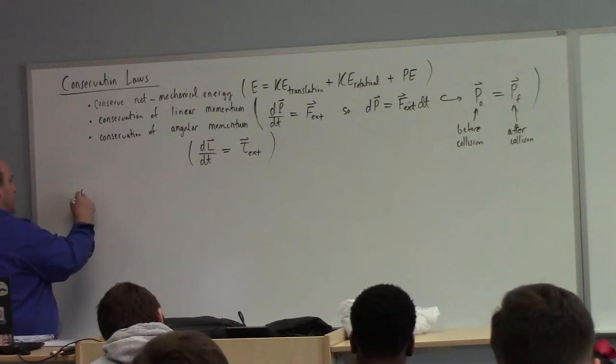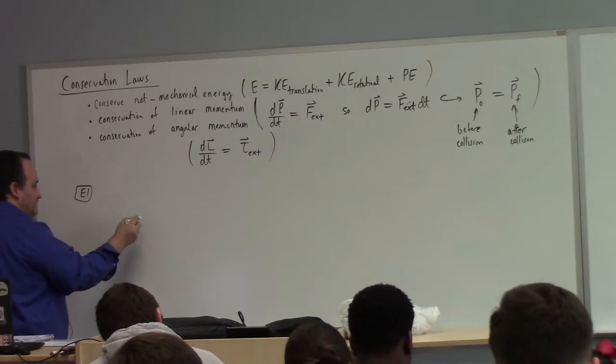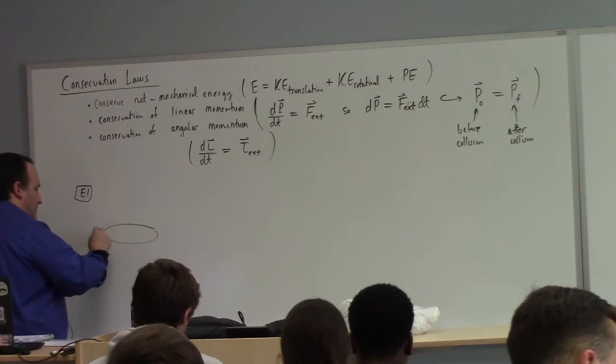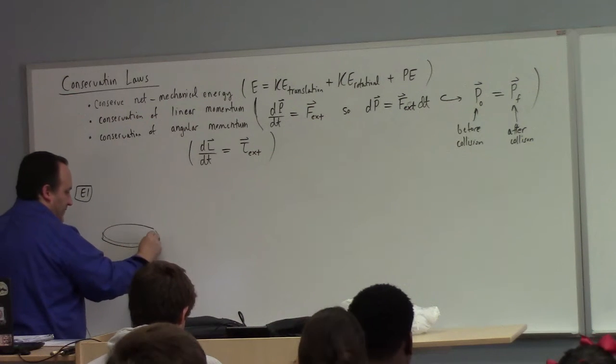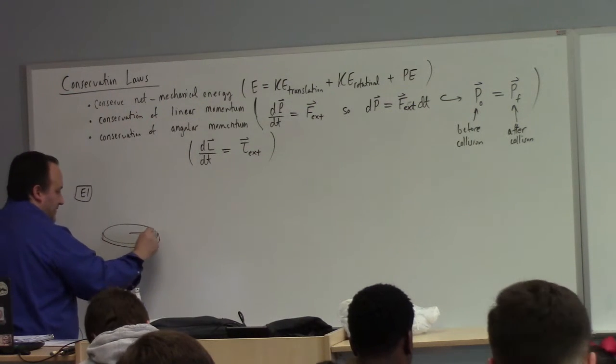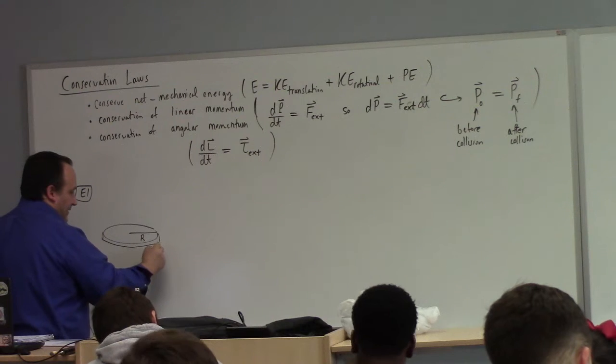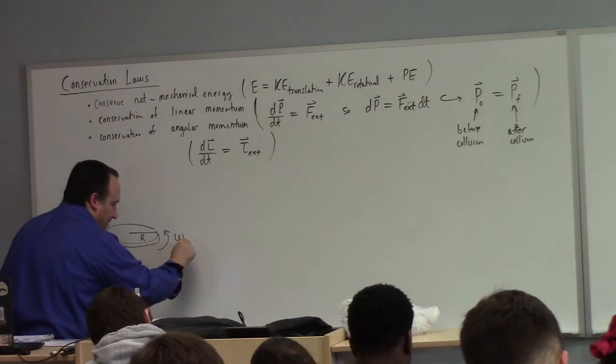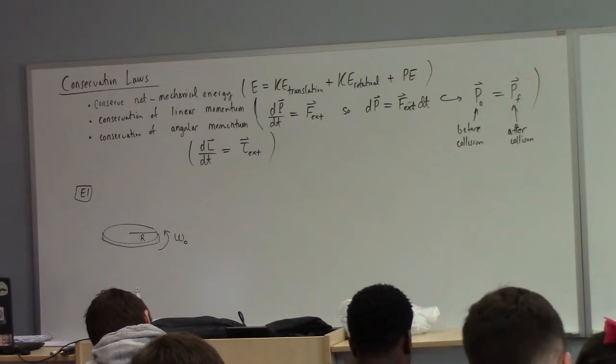So example 1, here's a silly example. Suppose you have a disk, a turntable, if you will, and its radius is r, and it's spinning at initial angular velocity omega naught. So it's sitting there, spinning like that.